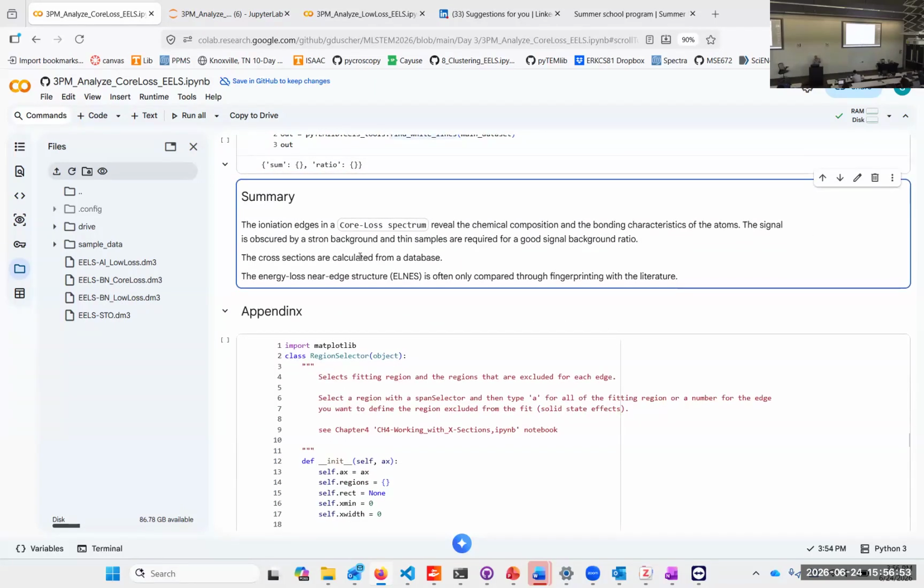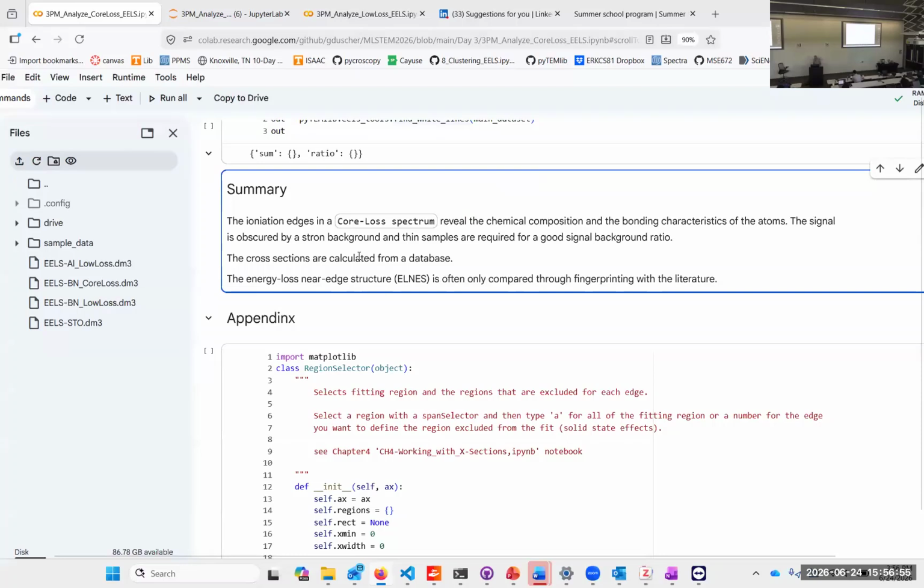So the core loss spectrum gives us the chemical composition with higher spatial resolutions than EDS and much faster. So an EELS spectrum is in the order of 1 second. For a spectrum image, you wouldn't usually do more than that.